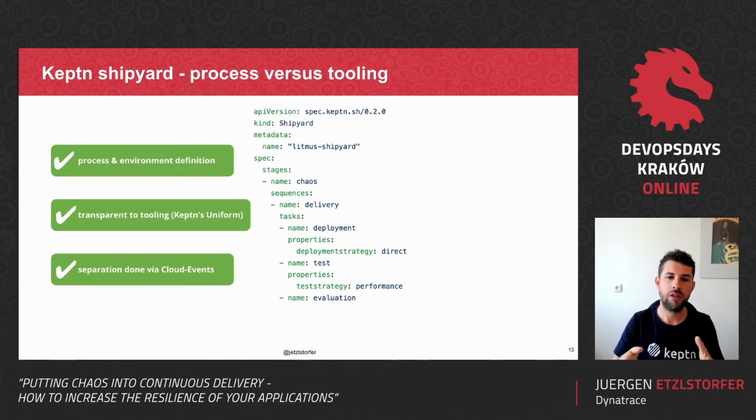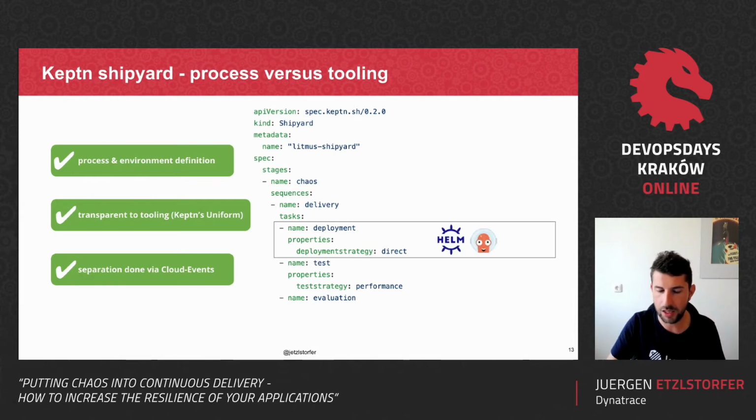And everything is based on cloud events. It's event-based. You could even say it's data-driven, since all these events have all the data that needs to be included for a tool to execute a task. So to make this a little bit more concrete, for deployment, for example, you could use Helm or other rollouts or whatever deployment tool you might already have.